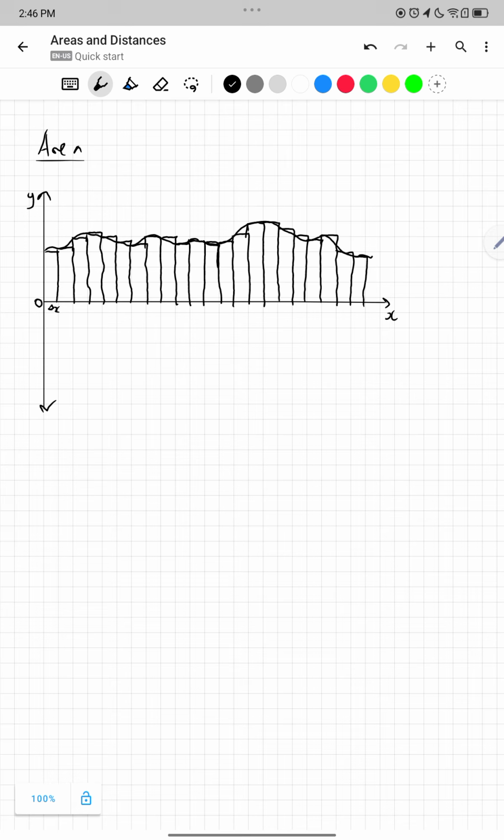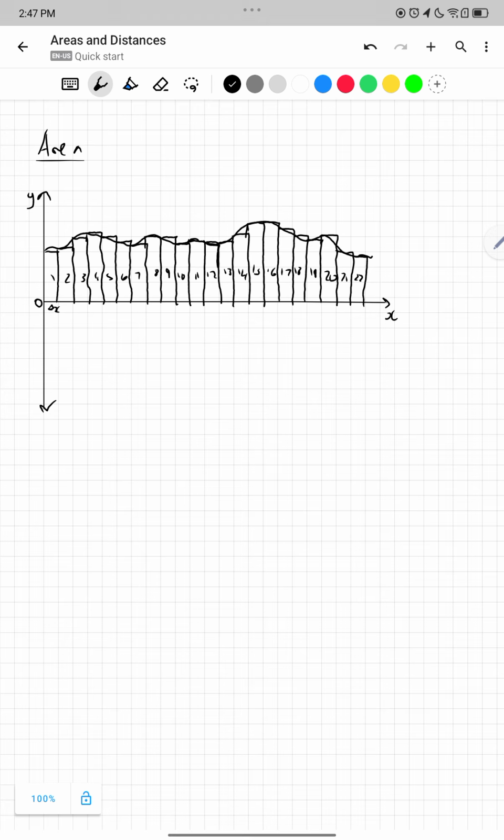Right. So we have 1, 2, 3, 4, 5, 7, 8, 9, 10, 11, 12, 13, 14, 15, 16, 17, 18, 19, 20, 21, 22.